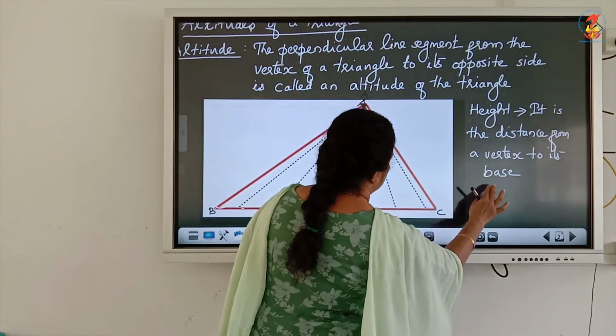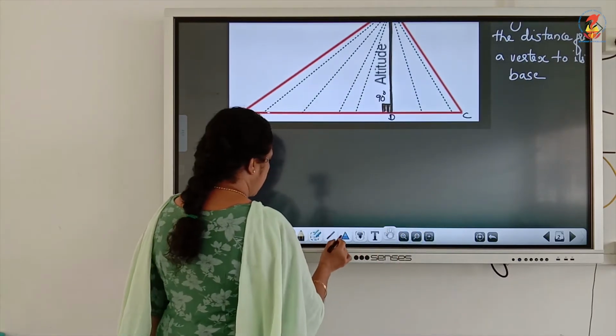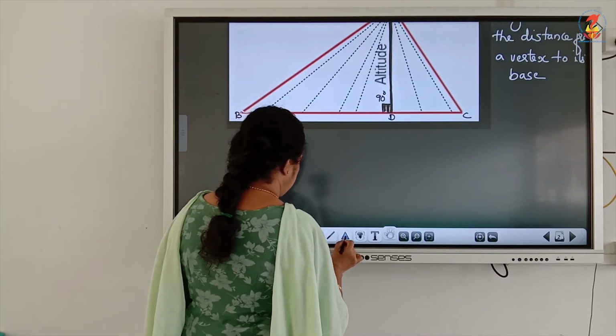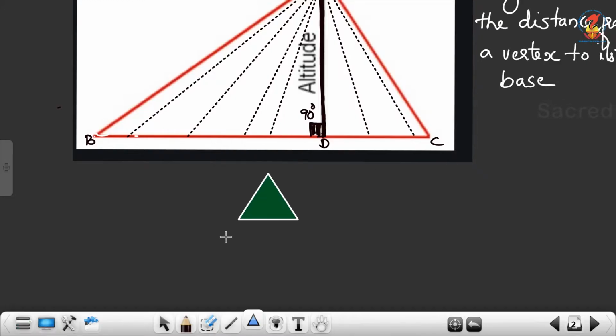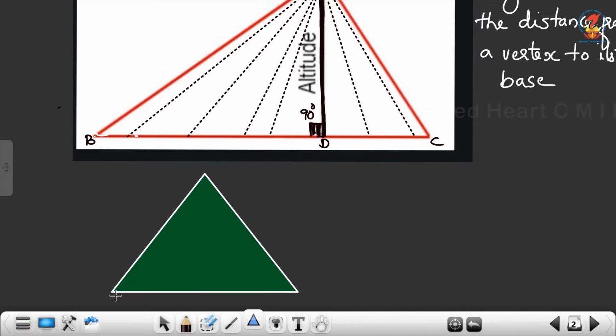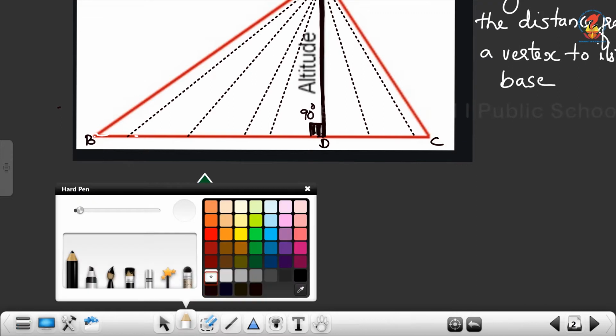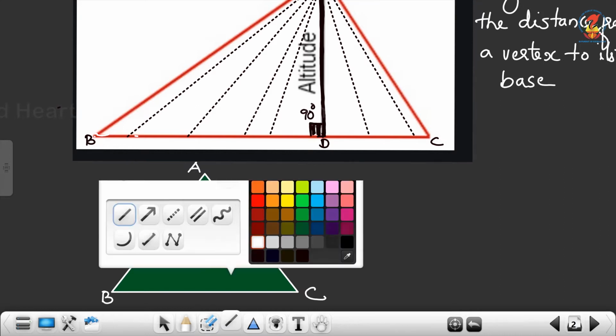Now consider the triangle ABC. A, B, C. Now from A we can draw an altitude.